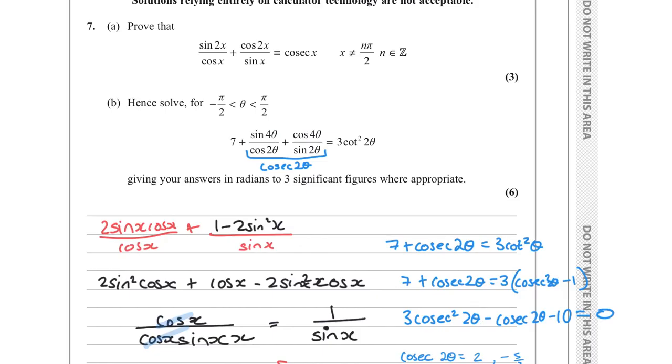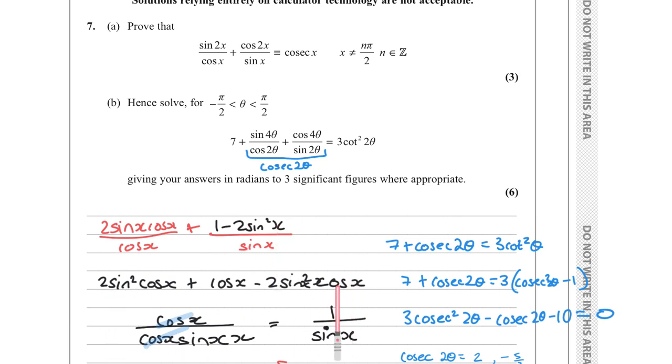Right, question 7. We've got 3 marks to prove that this equals cosec. So I multiplied both sides by... No, I didn't. I changed first sine of 2x into 2 sine cos x and cos of 2x into 1 minus 2 sine squared x. I then multiplied this one by sine over sine and this one by cos over cos to get this.